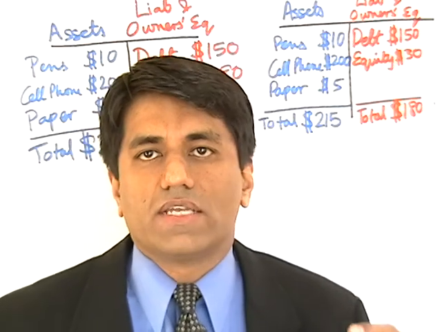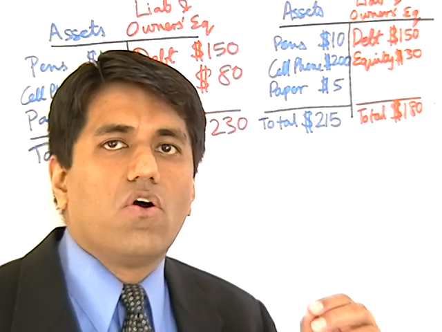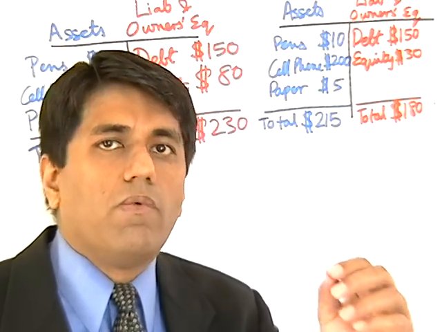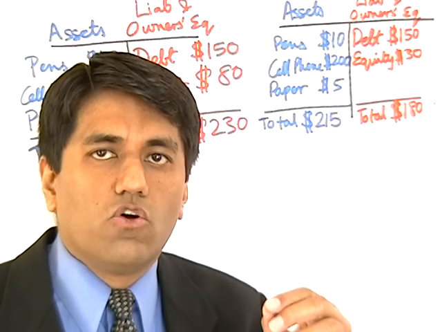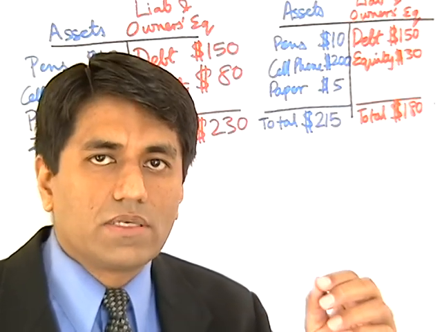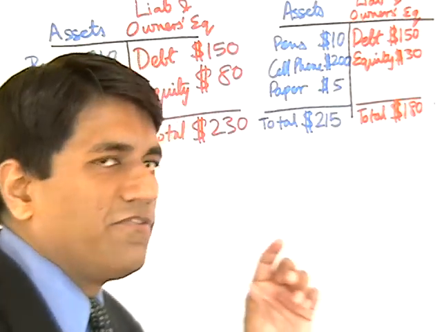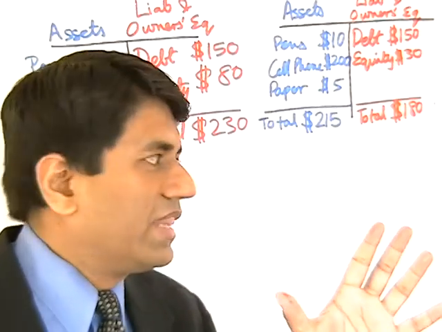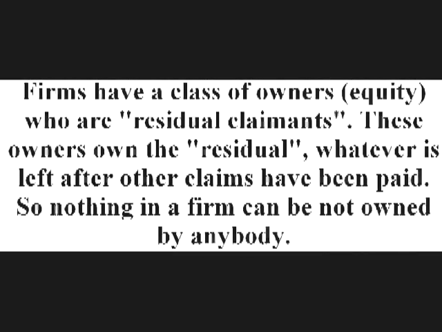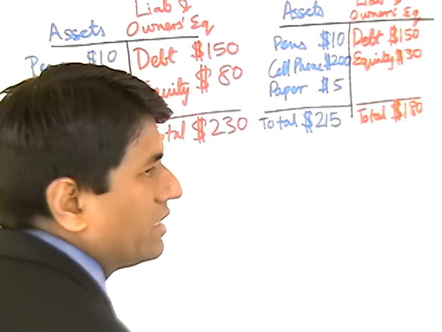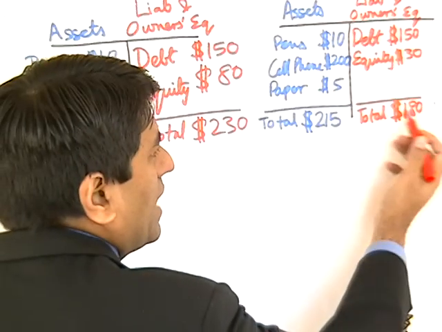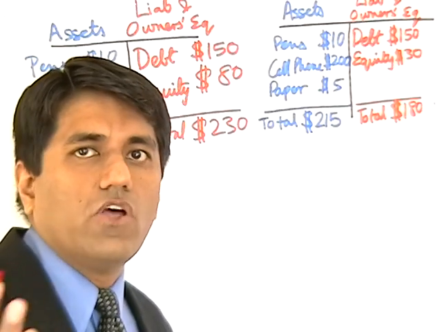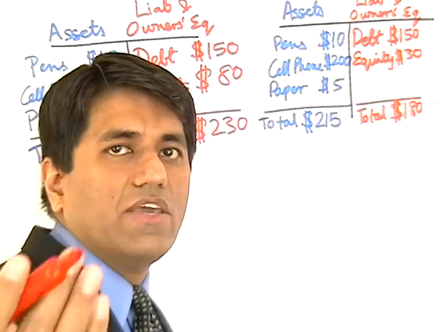So equity holders are residual claimants. They own all value of firm which is not owned by other claimants. Therefore, nothing in a firm can be left unclaimed. According to this balance sheet, there is $35 of value which is not owned by anybody. It's not owned either by you or by me.